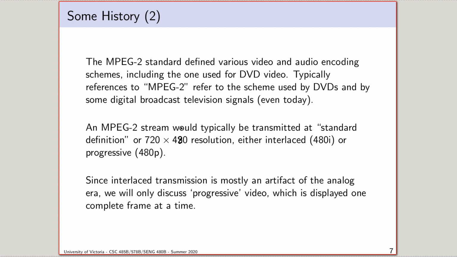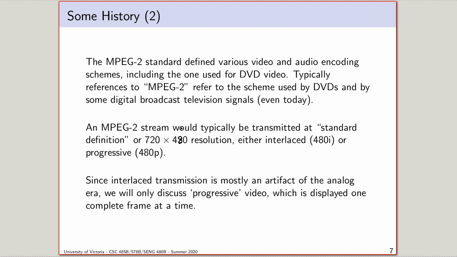These days we would typically use MPEG-4 for some transmissions of HD, but not all. A lot of HD video is still transmitted in MPEG-2, and standard definition signals are typically transmitted in MPEG-2 even now. So that's one reason why the MPEG standards are worth covering: they are in use all the time, even today.